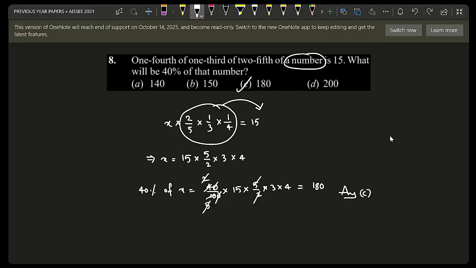Then cuttings are easy. So start doing the cuttings only when the expression is full. Dealing with smaller numbers is easier than bigger numbers. That's why wait for the cancellations until the full expression is written. So here I have the full expression, then I can start doing cuttings.